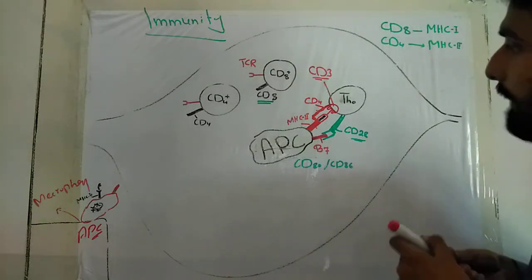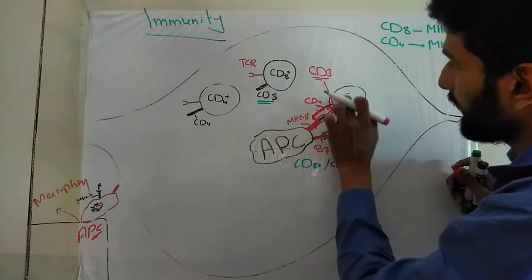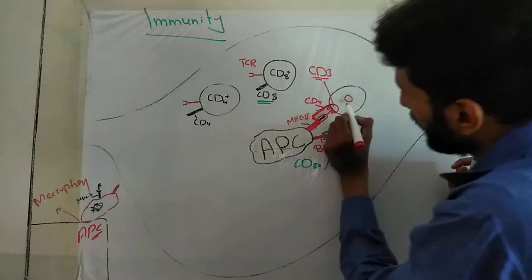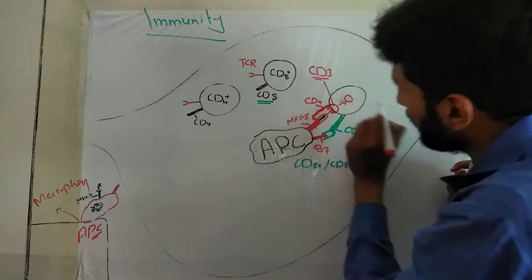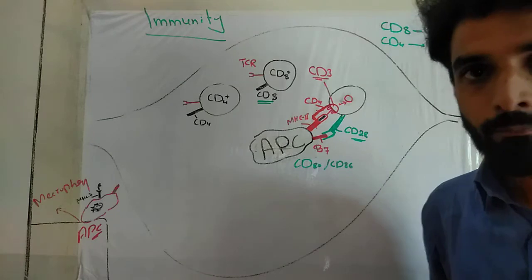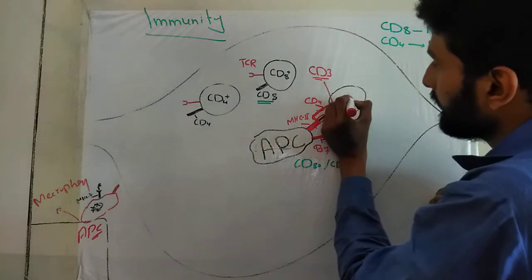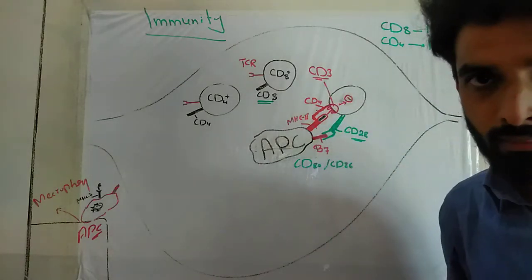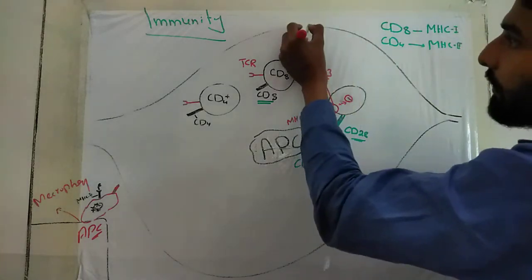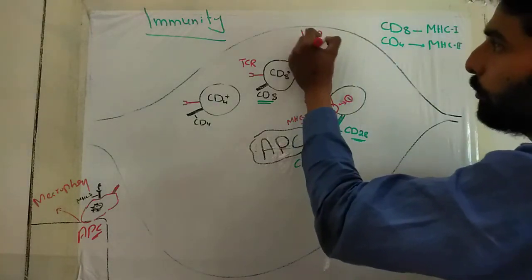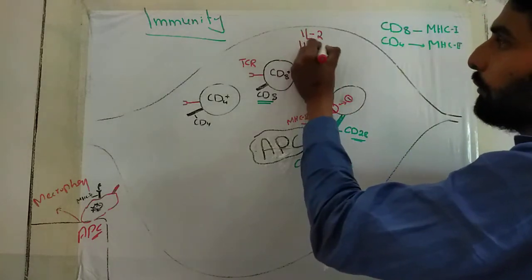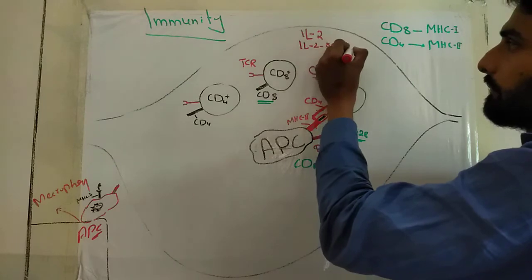CD3 protein is basically responsible for signal transduction. For example, I am removing this T lymphocyte and saying that this is the nucleus. With the help of the signal that CD3 will send to the nucleus, the genes present in the nucleus will start expressing two genes more prominently. One gene is specific for interleukin 2, and the other gene is specific for interleukin 2 receptors.